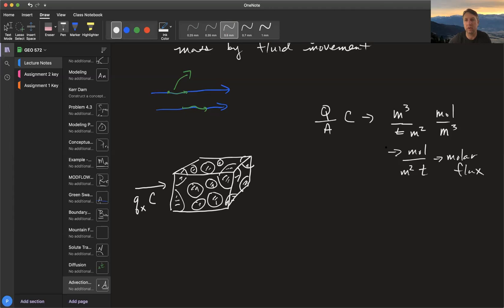All right, so this is our advective flux. Little q, the Darcy flux, times C gives us, as long as C is in molarity, our advective molar flux. I'm going to call that J sub A for advection, the advective molar flux.